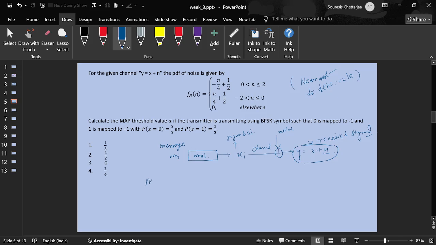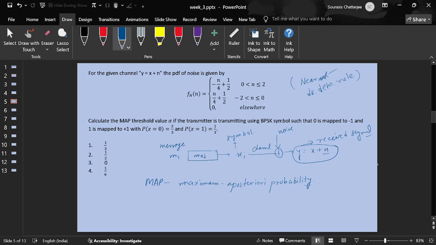So when I say MAP, maximum a posteriori probability, what does it mean intuitively?